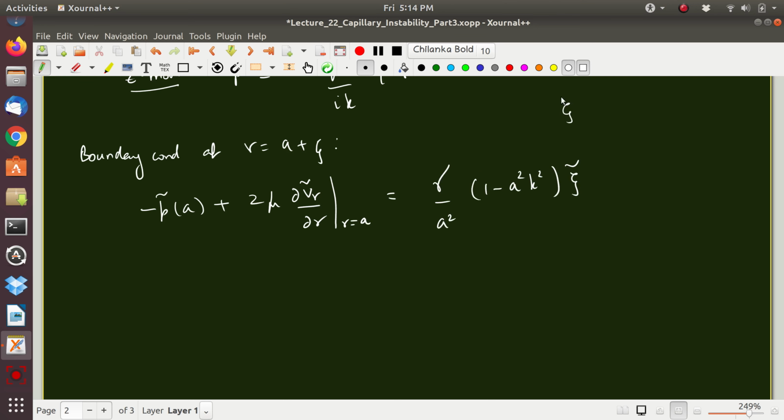Now zeta times s is equal to Vr at a. That is from the kinematic condition. So this is the first boundary condition, the normal stress condition.